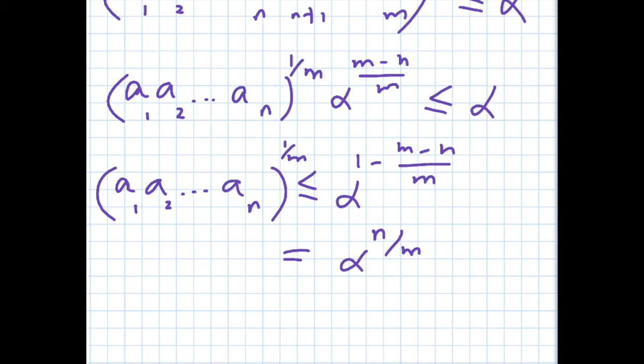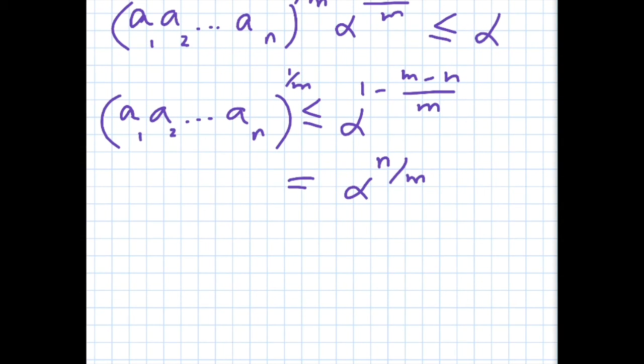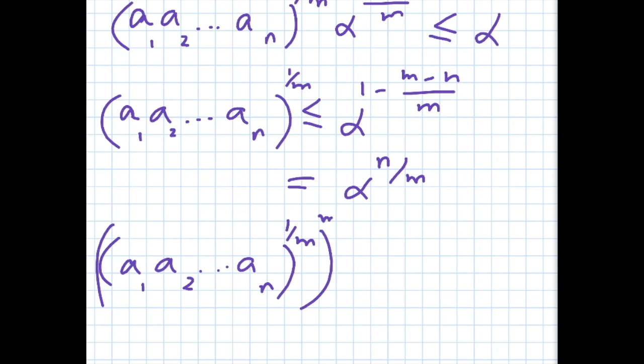Now I can raise both sides to the power of m over n. So I will get a1, a2 up to an to the 1 over m, to the power of m over n, which is less than alpha to the n over m, to the power of m over n.